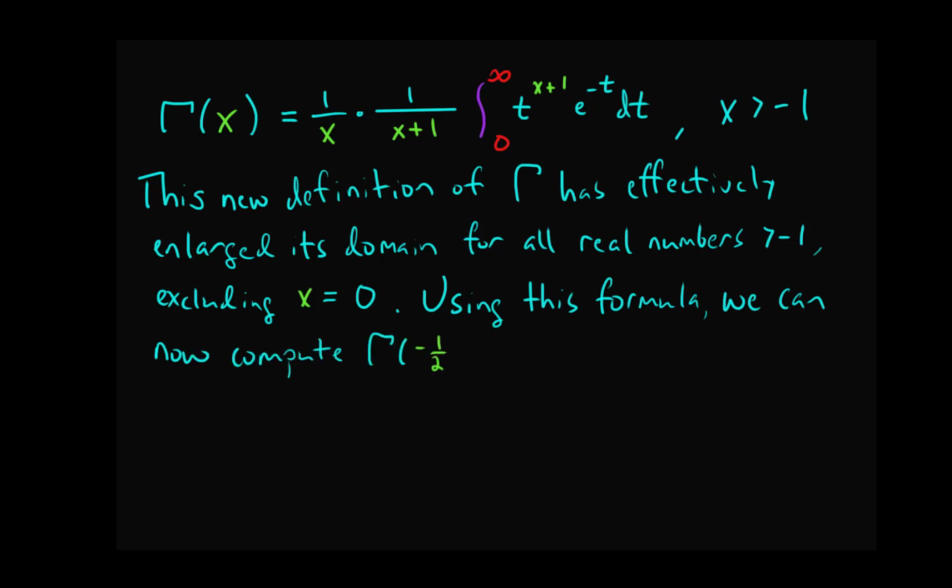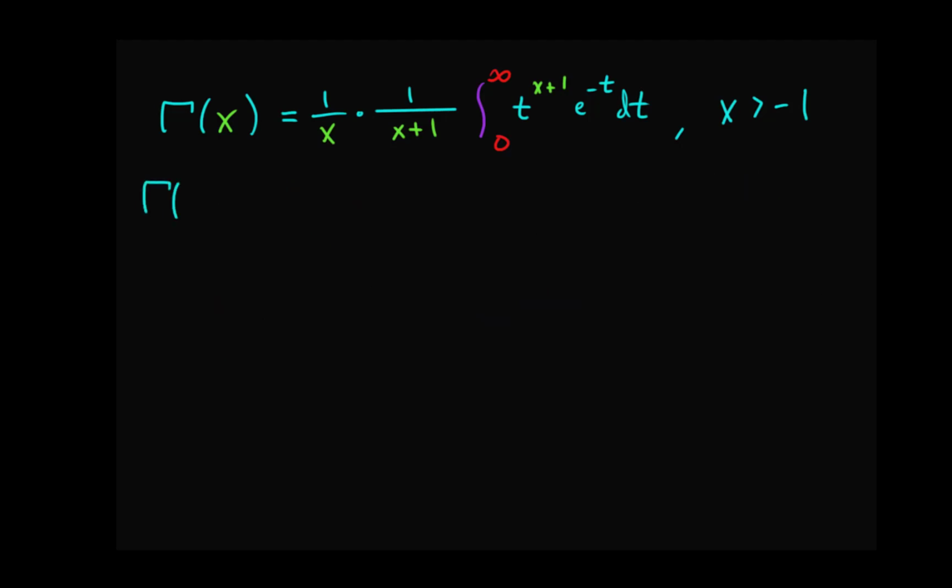We couldn't do that before, but we found an expression that's valid for all x greater than negative 1, so let's do it. Gamma of negative 1/2 would have to equal 1 over negative 1/2 times 1 over, parenthesis, negative 1/2 plus 1, close parenthesis, times the integral from infinity to 0 of t to the negative 1/2 plus 1 times e to the negative t.